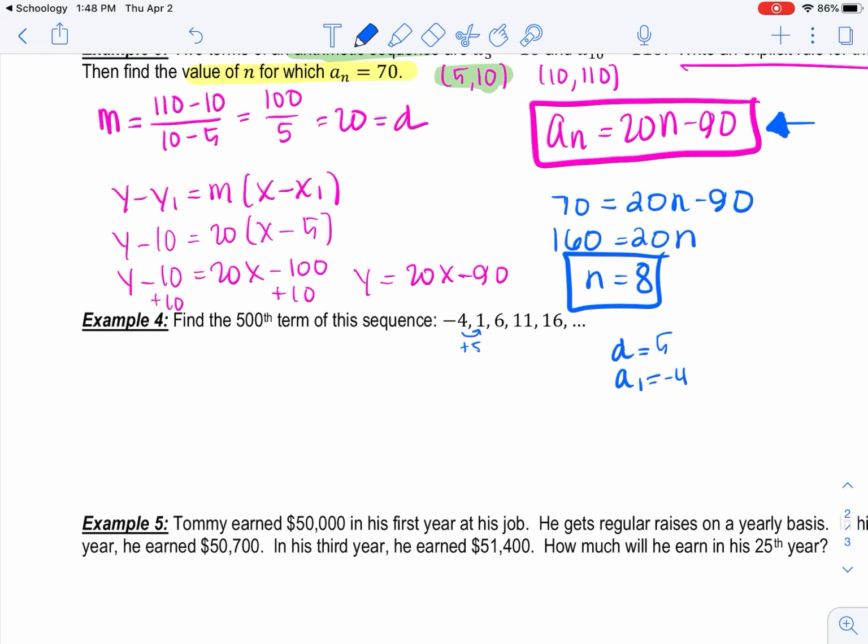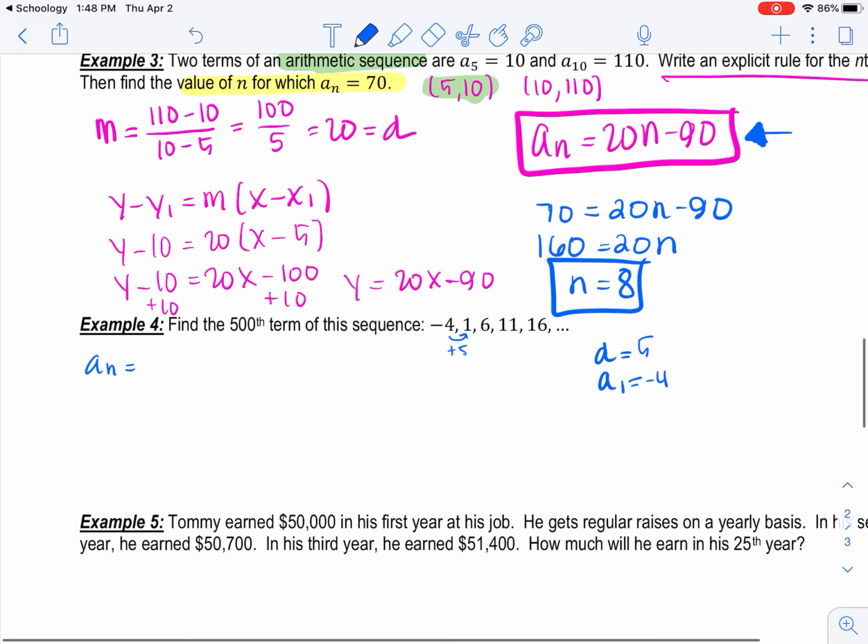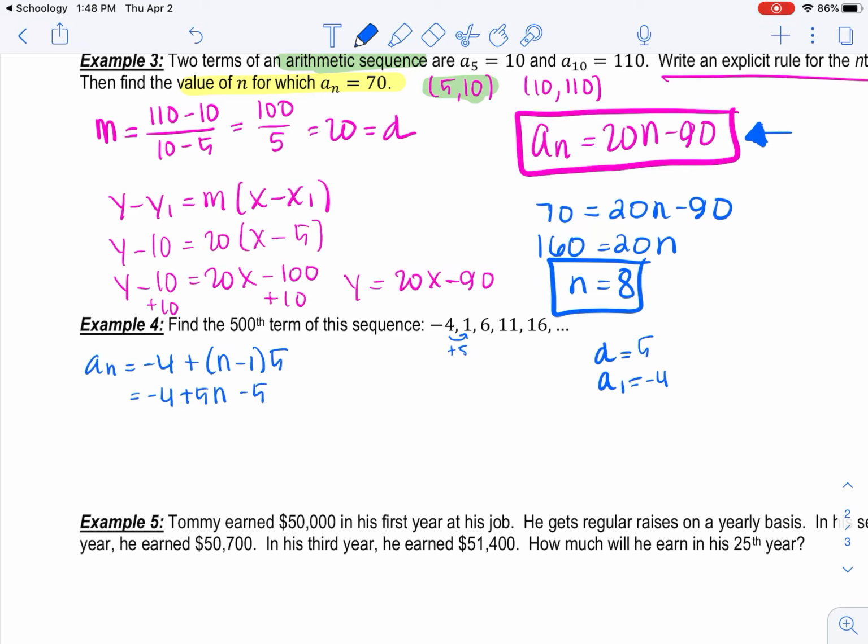Remember, this is an equation of a line. a sub n is equal to my first term, -4, plus n minus 1 times d, which is 5. Distribute, combine like terms. That's -4 plus 5n minus 5. So my rule is a sub n equals 5n minus 9.